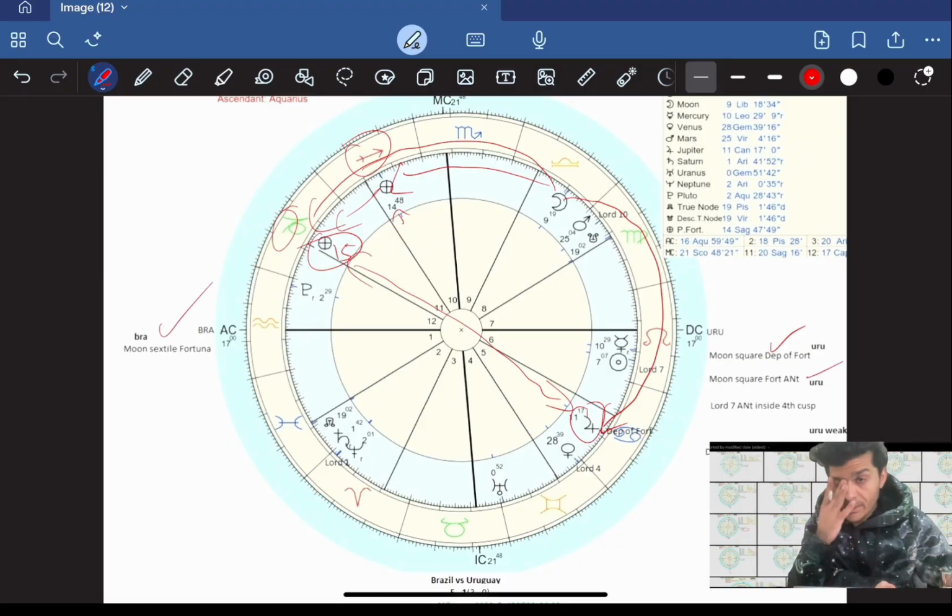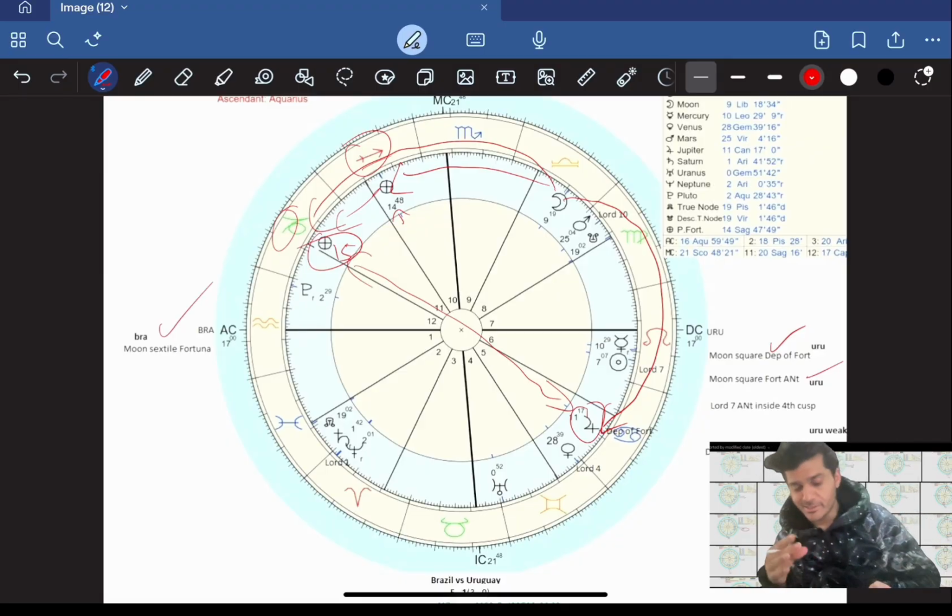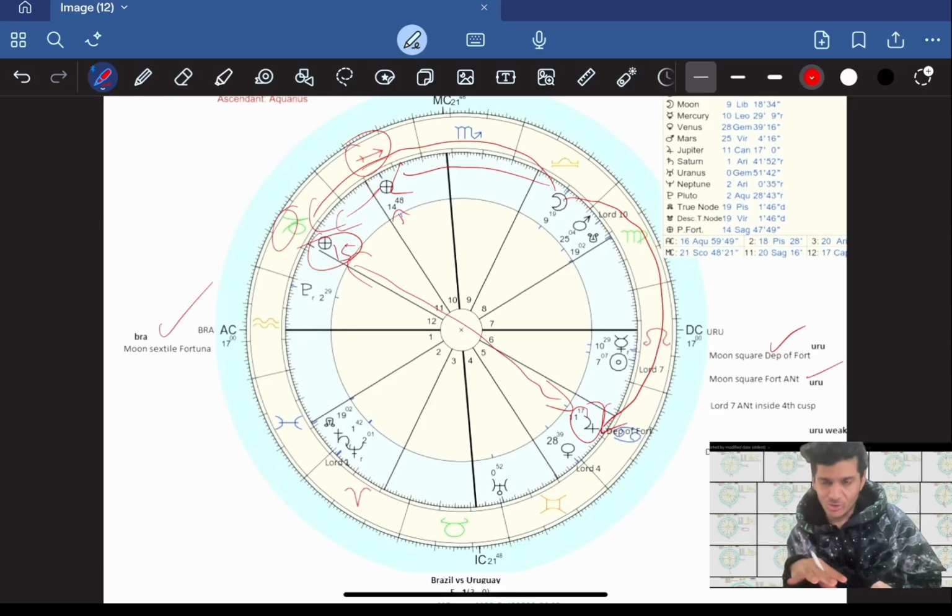Now, according to Frawley, this kind of chart would favor the underdog because there are more testimonies to the underdog than the favorite here. Only 1 to the favorite, 4 to the underdog. And there's one weak parameter here for the underdog as well.